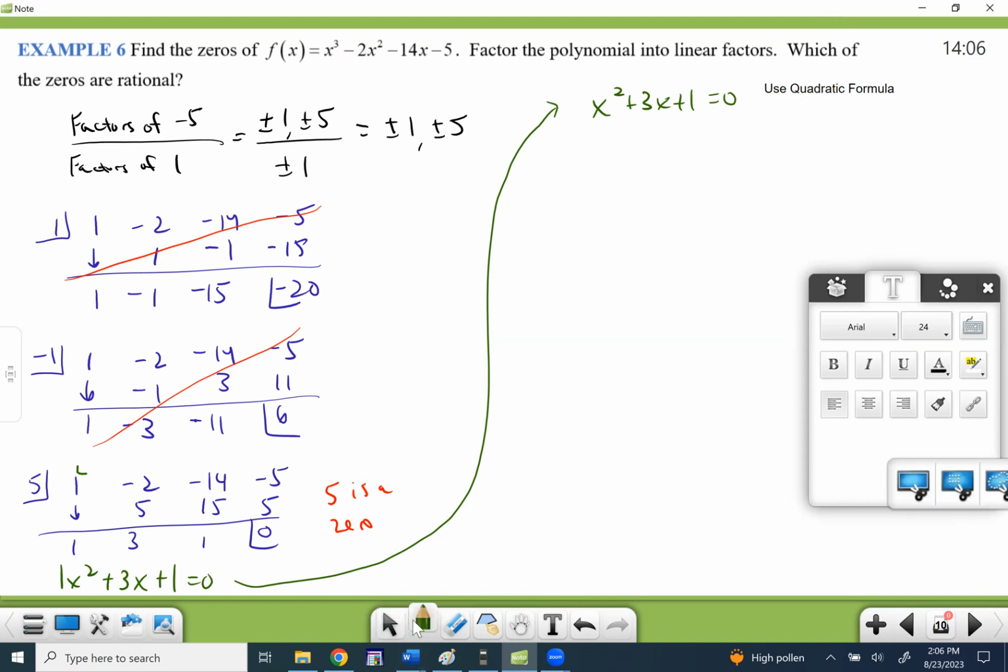All right, so x equals negative b, so negative 3, plus or minus the square root of b squared, so 3 squared, minus 4 times a, which is 1, and times c, which is 1, all over 2 times a. Nine minus 4, and 2 times 1 is 2.